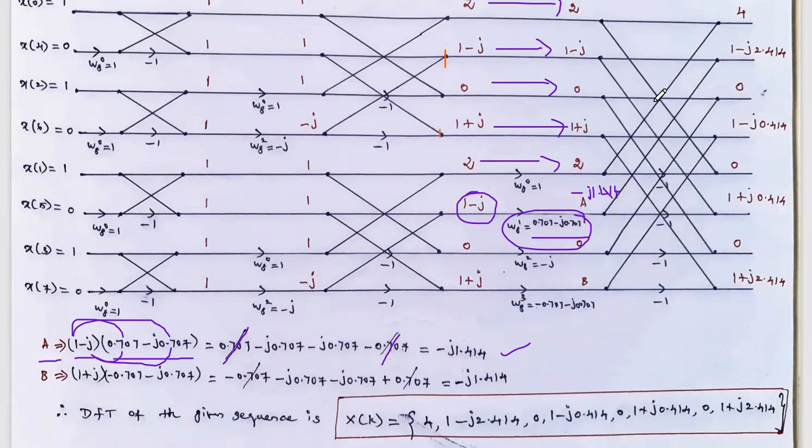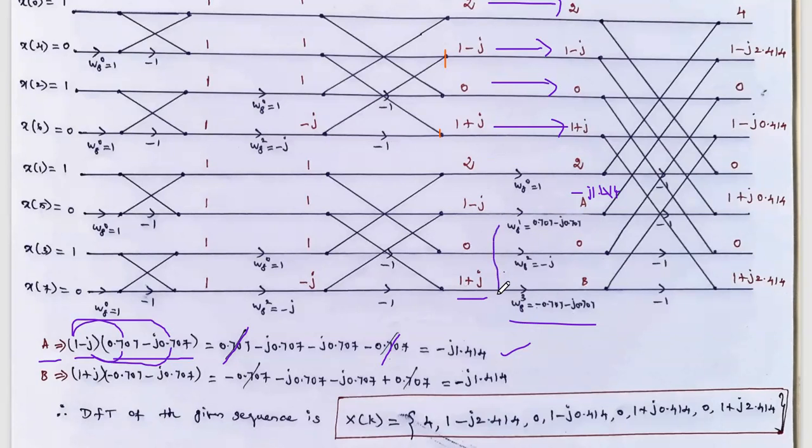Similarly, for the seventh line, you see 0 multiplied with W8 power 2. Anyway, 0 multiplied with any value is 0. Similarly, in the last line, you see 1 plus j multiplied with W8 power 3. The W8 power 3 value is minus 0.707 minus j 0.707.